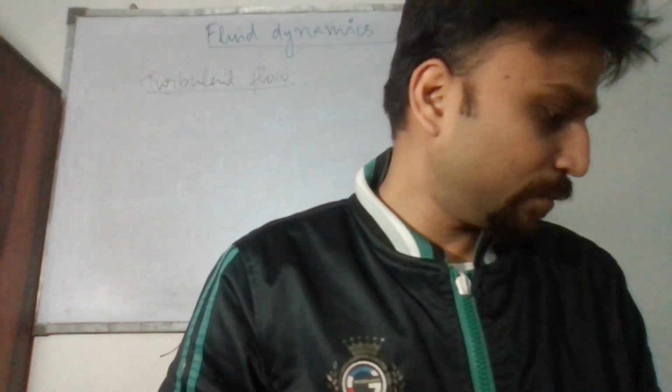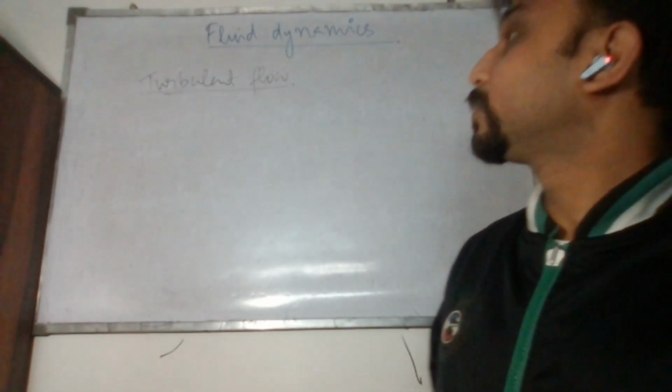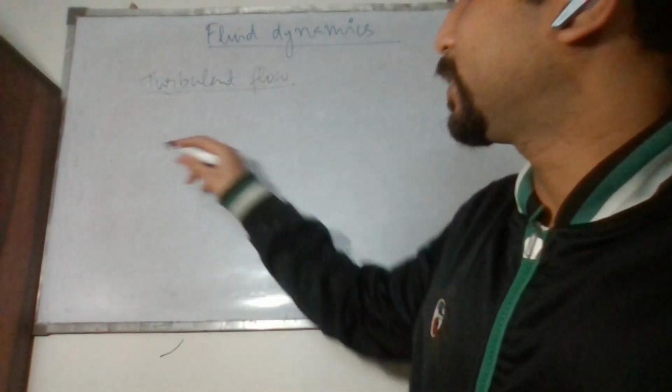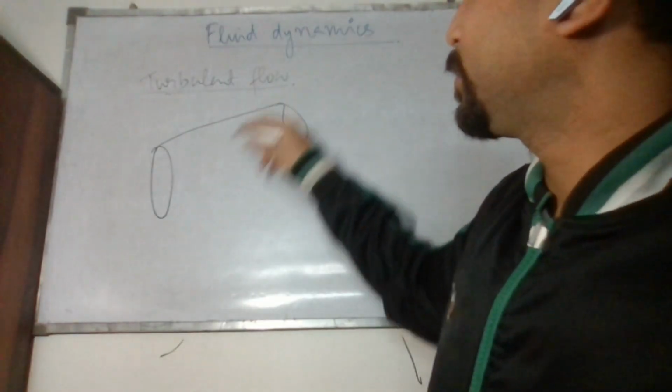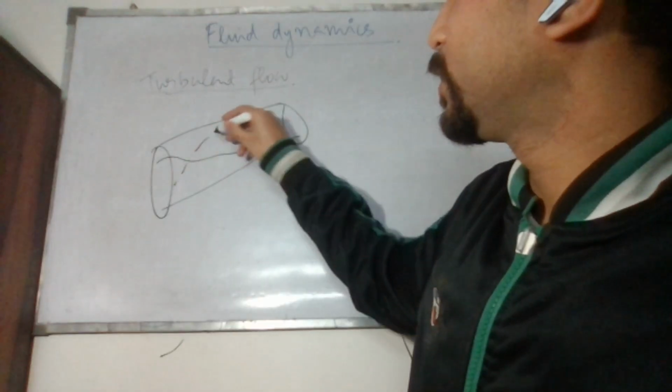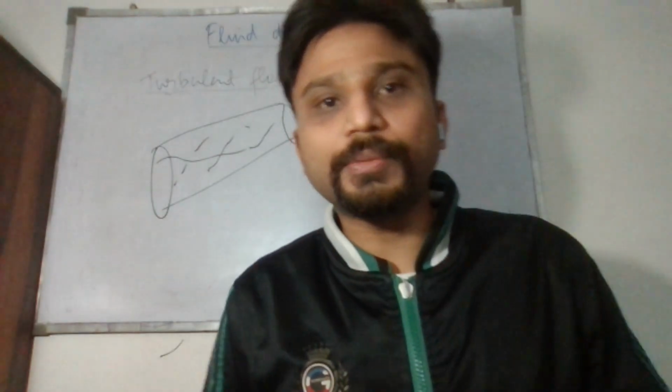Now, next idea is turbulent flow. Turbulent flow is basically when we have some kind of a pipe, and in that pipe, the flow of particles is not a uniform flow.